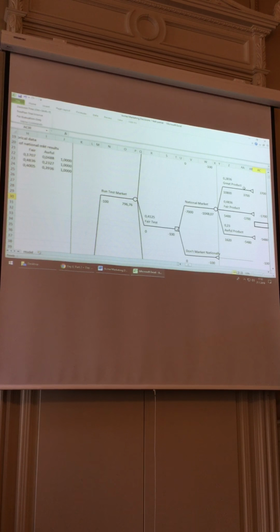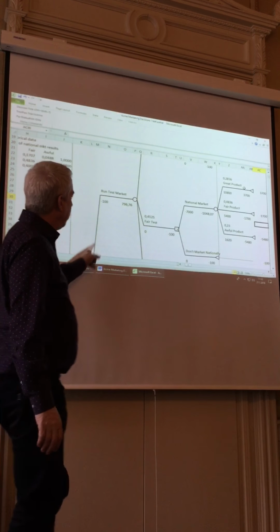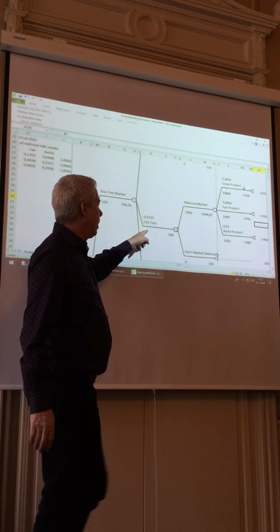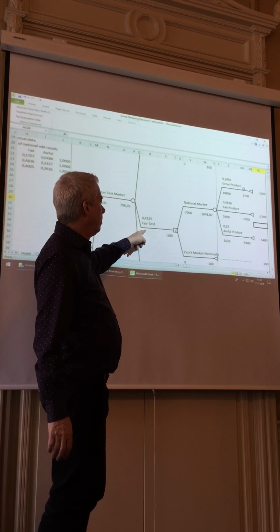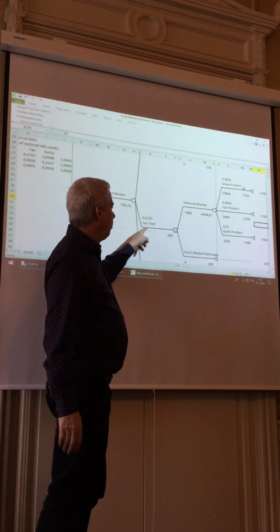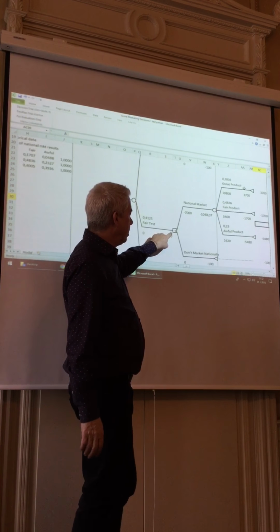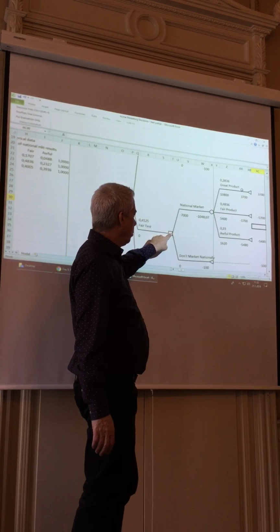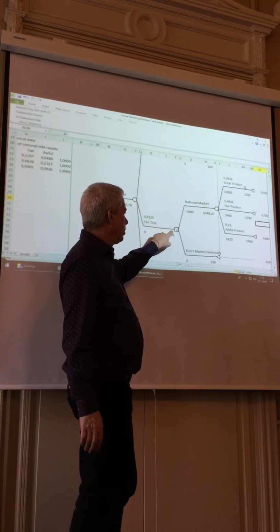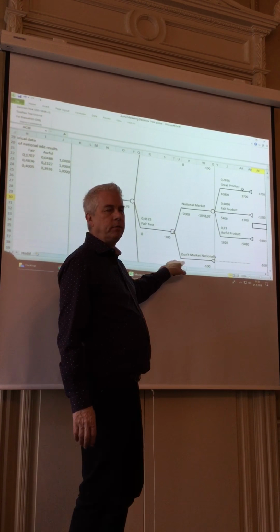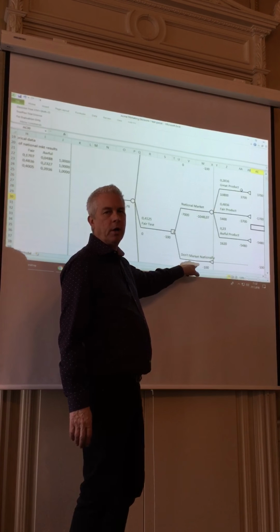So looking at what happens when we run the test market, and we get a fair result. If we get a fair result, you can see the decision is decision number 2. So a fair test result is going to tell us, hey, you know what? Don't bother to market this product nationally.